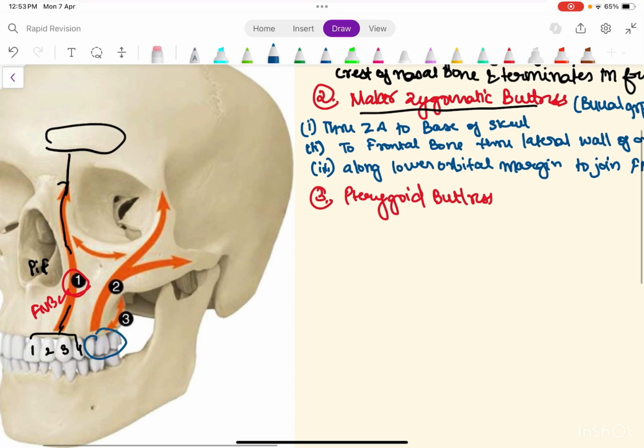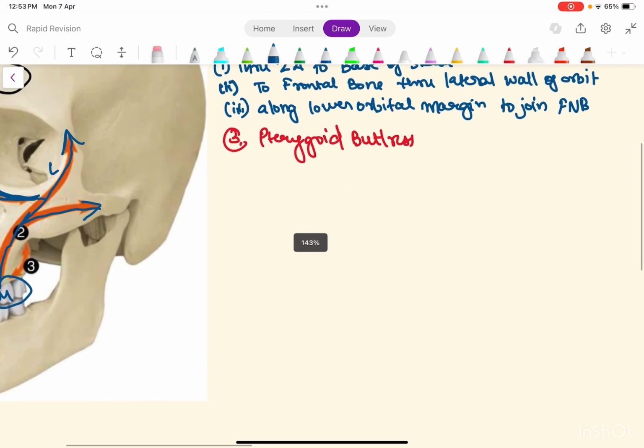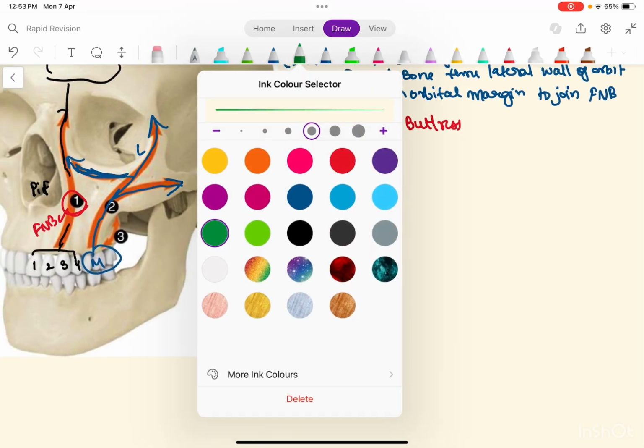Now let's understand it. See, this is our buccal group, so molars. Now it passes, and then it has three pathways. One is through the zygomatic arch to the base of the skull, then to the frontal bone through the lateral wall of the orbit. Then the third pathway is along the lower margin of the orbit and joins the frontonasal buttress. All right, now let's talk about the last one, which is the pterygoid buttress.